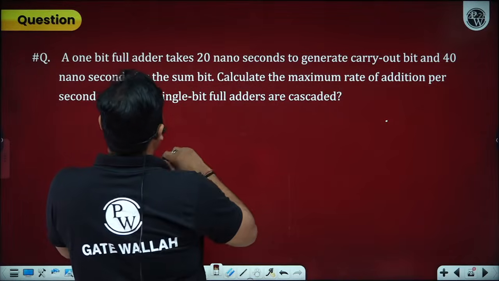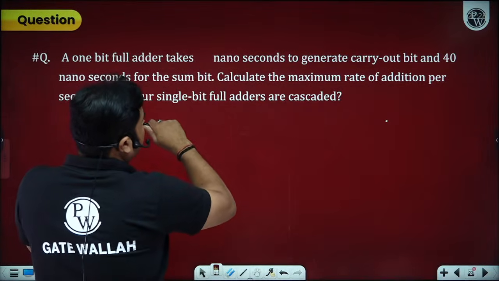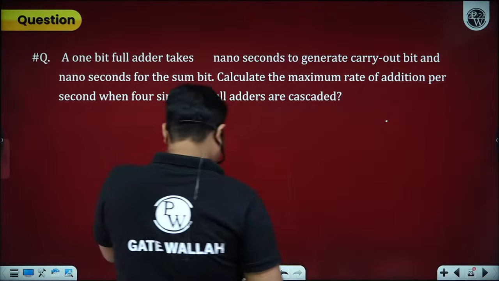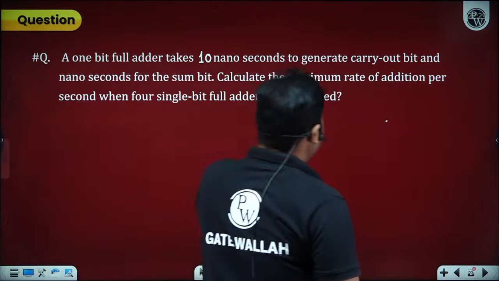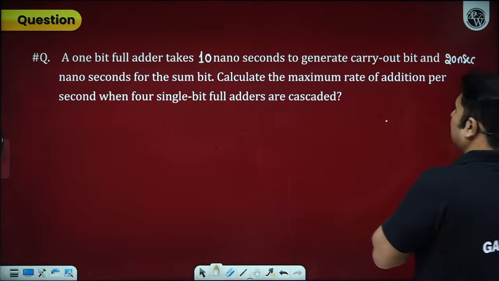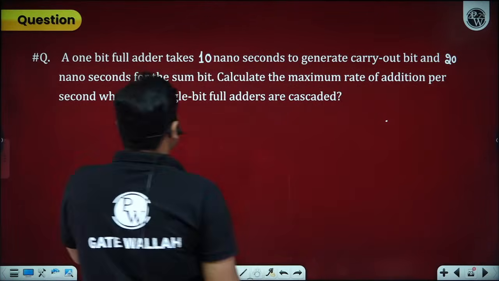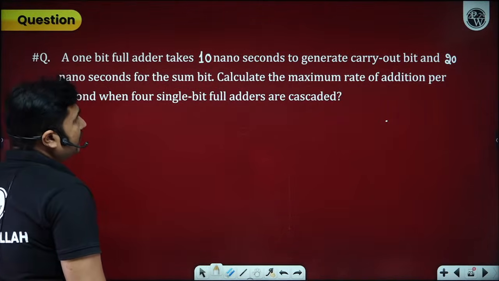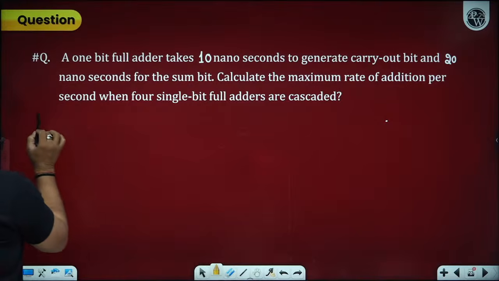Suppose this 1 bit full adder takes 10 nanoseconds to generate the carry out bit and 20 nanoseconds to generate the sum out bit. Then calculate the maximum rate of addition per second when 4 single bit full adders are cascaded.